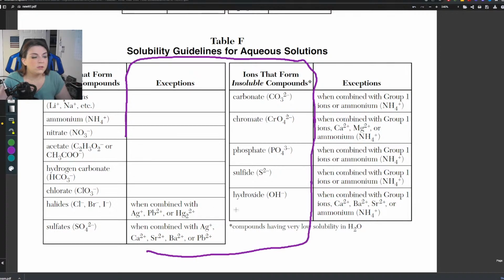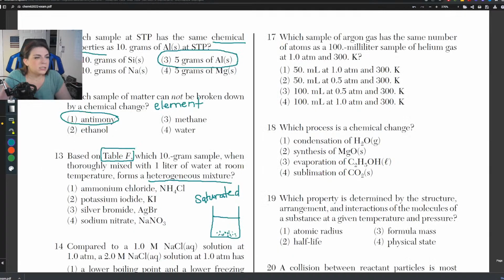If you've been here, you know that the aspect ratio of this tablet does not match the screen, so it's too small. Those inner two columns are going to represent insoluble compounds. So if you have a compound whose ions make the thing fall into the circle, then your substance will be insoluble.